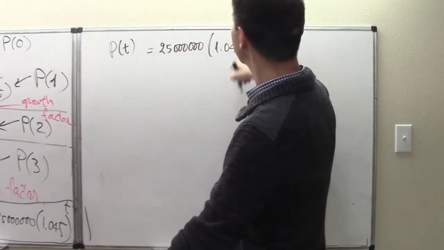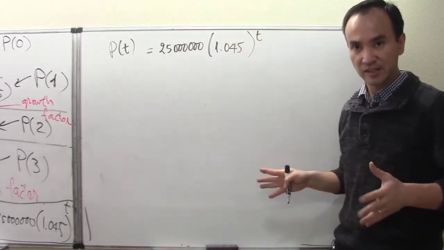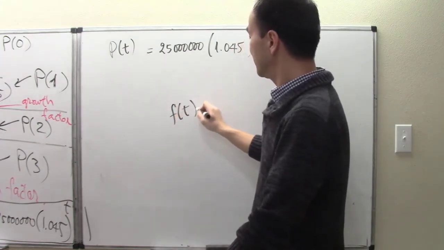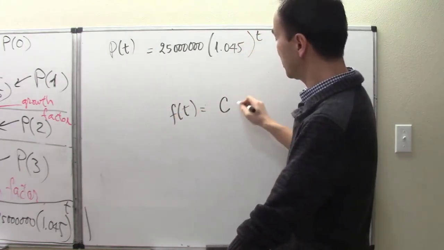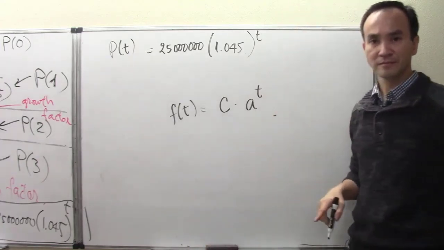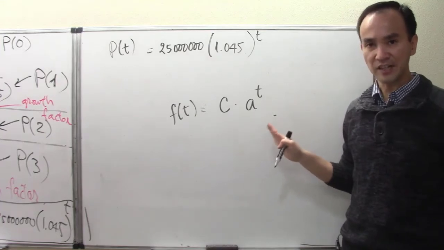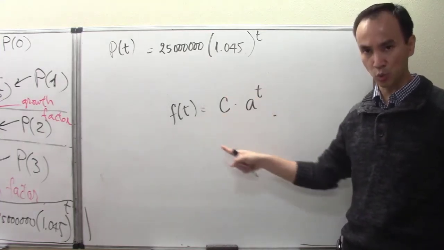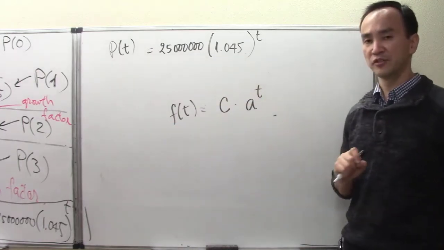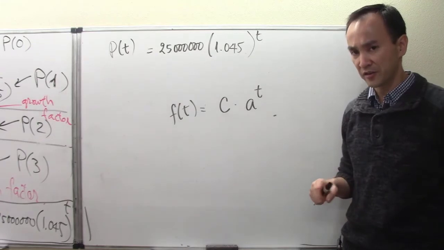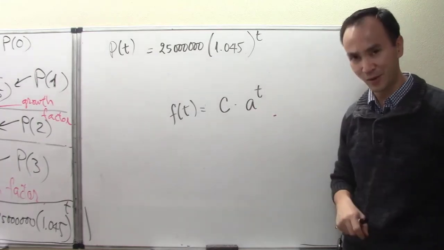So now clearly we realize it is an exponential function in the form of f of t equals a constant coefficient times a to the t right there. If we refer back to that lecture where I was teaching about exponential functions, this was one member in the whole family of general exponential functions. That's the one.